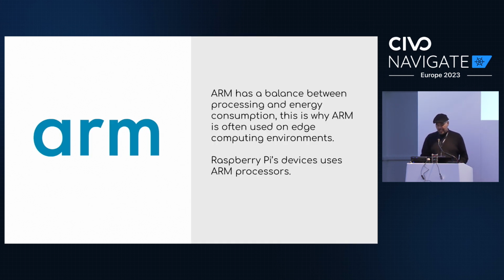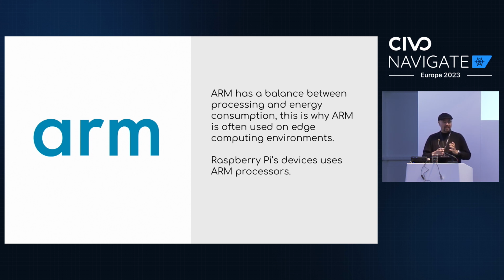ARM is the choice for the right microprocessors because, talking about power consumption and processing power, it is more balanced than Intel. Intel uses a lot of energy. So for example, if you have your device on a farm or something like that and you are using a battery, if you are using Intel, it is not going to be enough for that device.